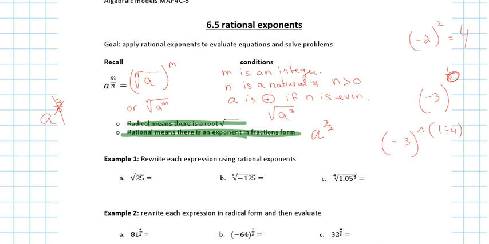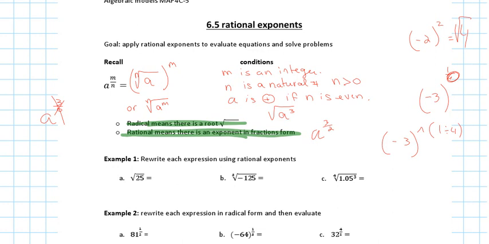So now if I'm going to square root, after I square, I am never going to have a negative number. That's why I can't do the square root of a negative number or the fourth root of a negative number. Because anytime I raise it to an even exponent, it's going to become positive right away.